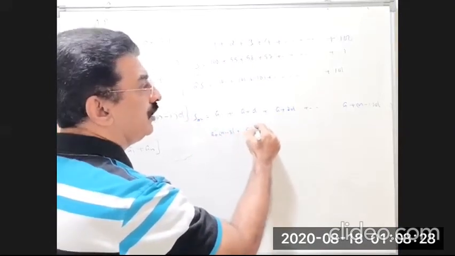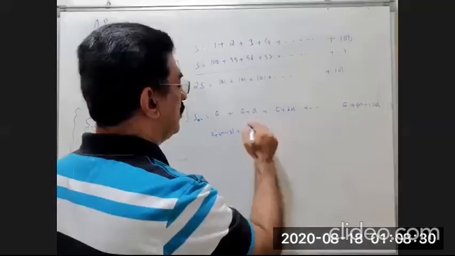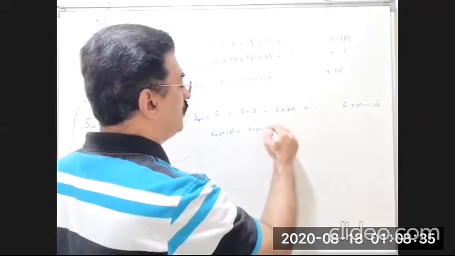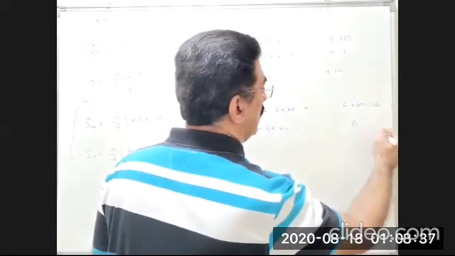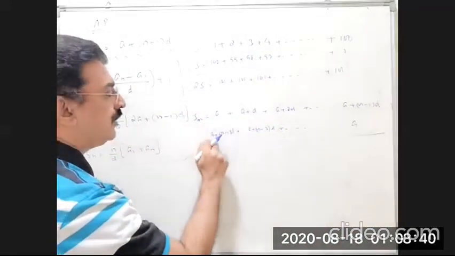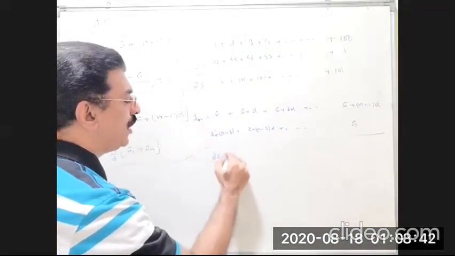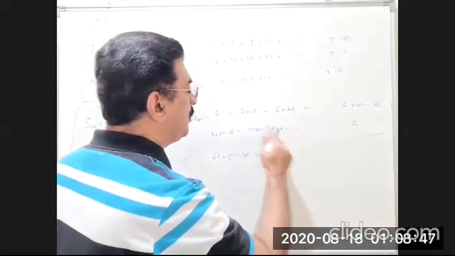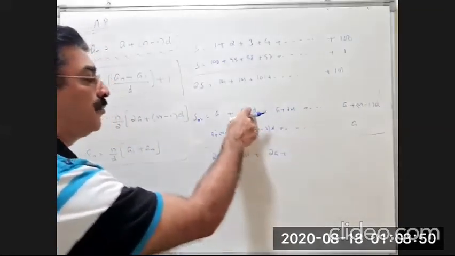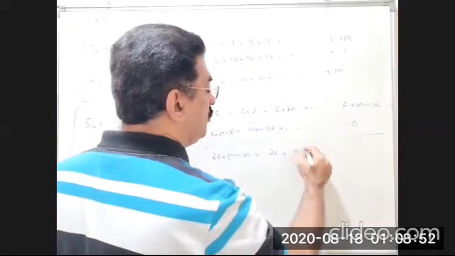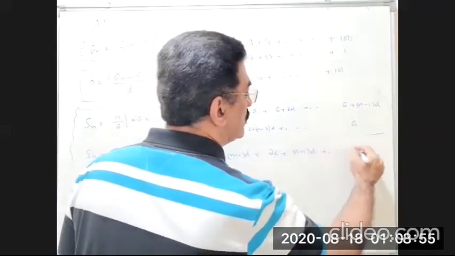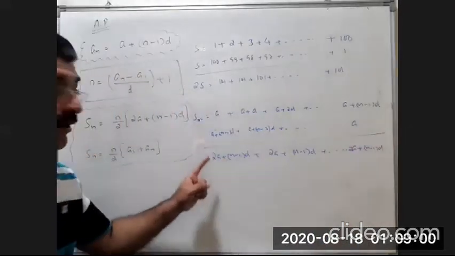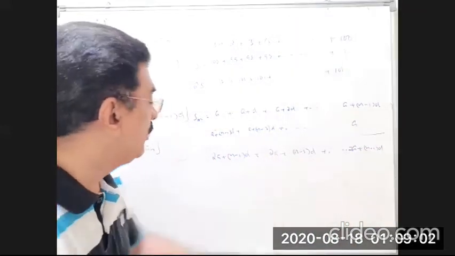then a plus (n minus 2) into d, and so on. Adding, a plus a plus (n minus 1) d is 2a plus (n minus 1) into d. Here also, 2a plus (n minus 2) into d plus d is (n minus 1) into d again. He got all the terms as 2a plus (n minus 1) into d.